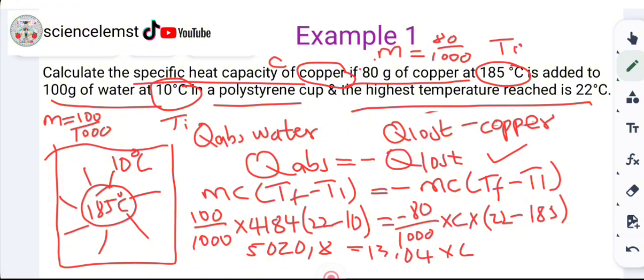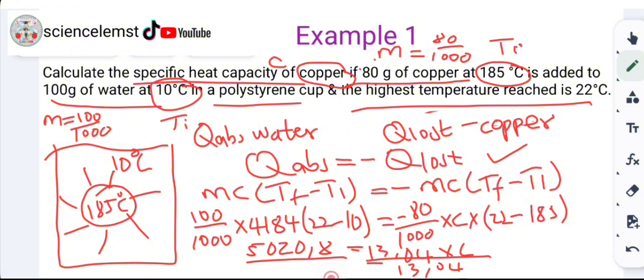There are 3 basic mathematical skills that you need to know in order for you to solve any science problem. Transpose, divide both sides, cross multiply. You need to know when to apply these 3 things in order for you to get your answers correctly. So we're going to do what here? Because there's a multiplication, we are going to divide both sides by what? By 13,04.